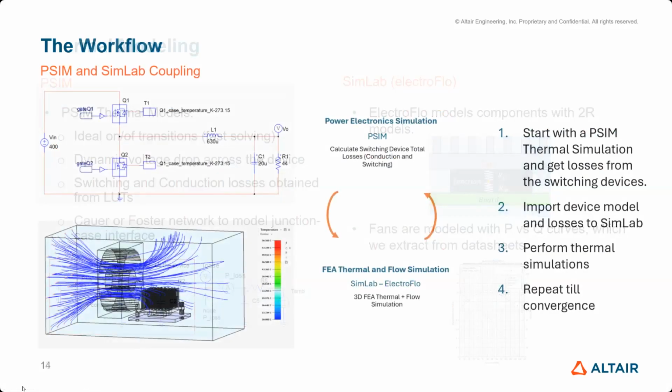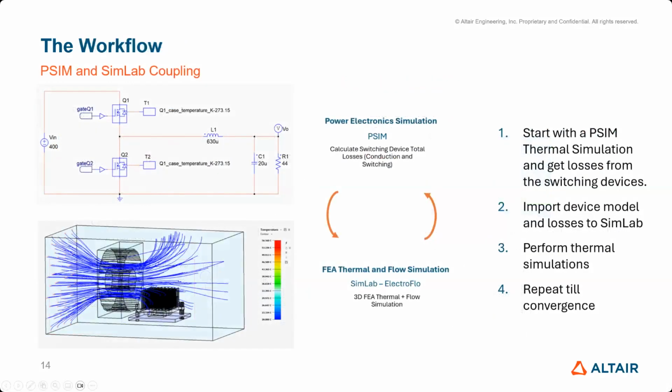Now, let's talk a bit about the workflow. The workflow is an iterative workflow at the moment, but some features between PSIM and SimLab allow for easier coupling between both. So what we should do first is start with a PSIM simulation. This PSIM simulation has a fixed case temperature, which is going to be our initial condition for the whole thing.